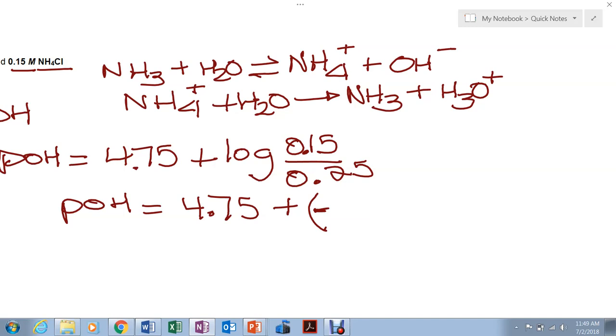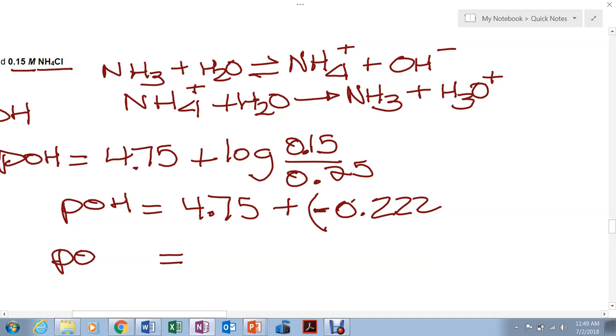The log of this is minus 0.222, so the pOH is going to be 4.75 minus 0.222.